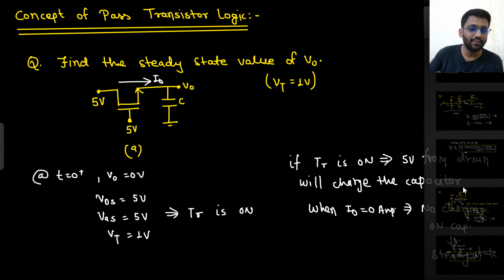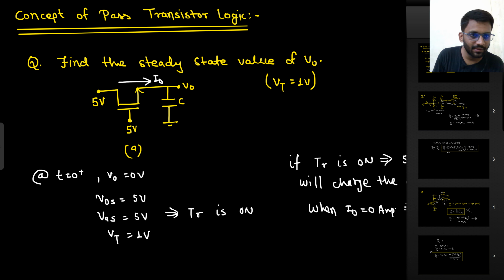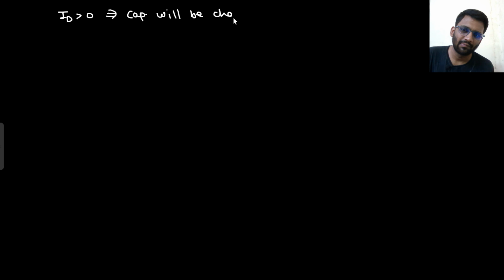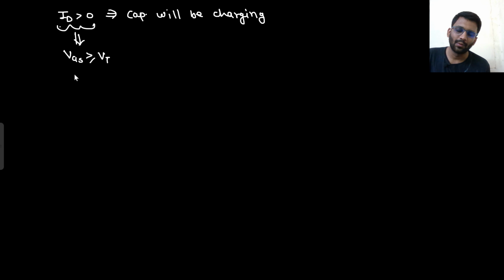So when do you get 0 ampere current? ID is greater than 0 when VGS is greater than VT, this is the first condition, and the second condition is when VDS is greater than 0 volt.